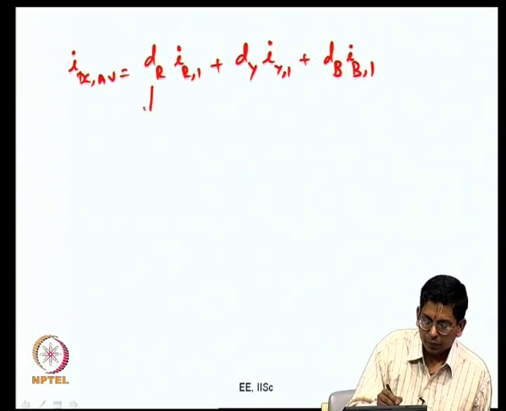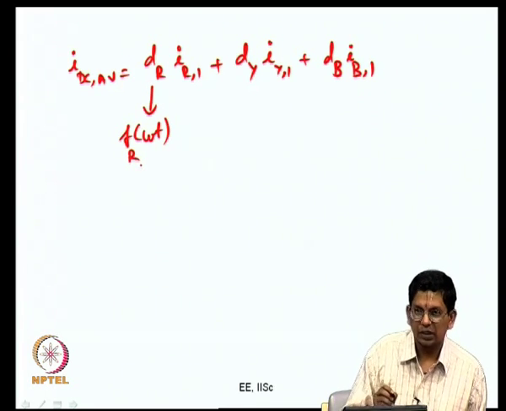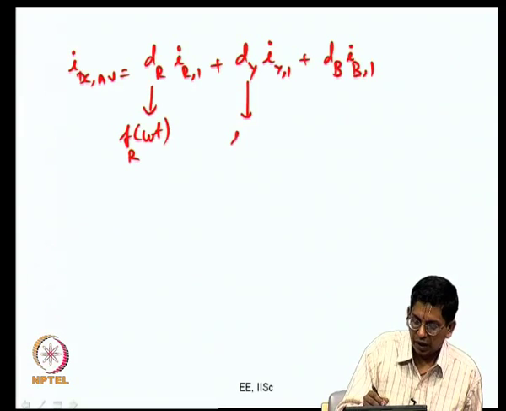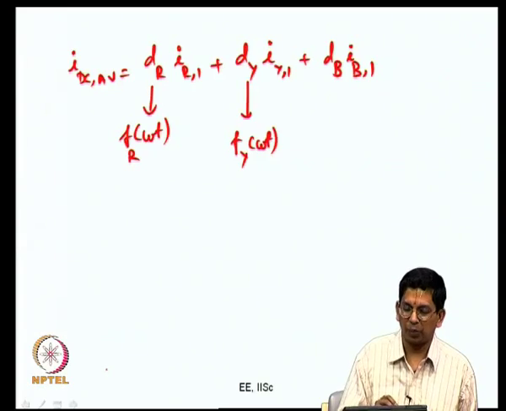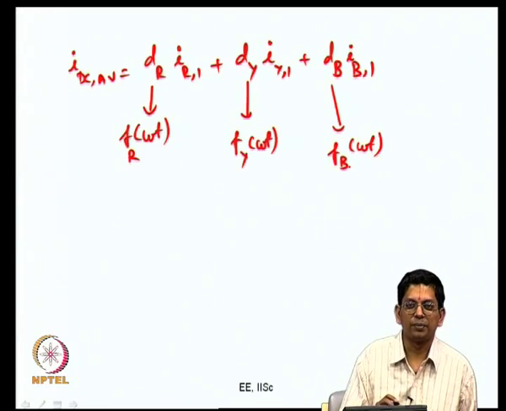This is a function of omega t. I will call this Fr of omega t, and this is another function of omega t. I would call this Fy of omega t. This is another function of omega t, I will call it Fb of omega t.